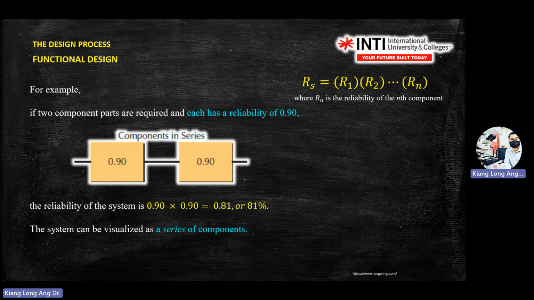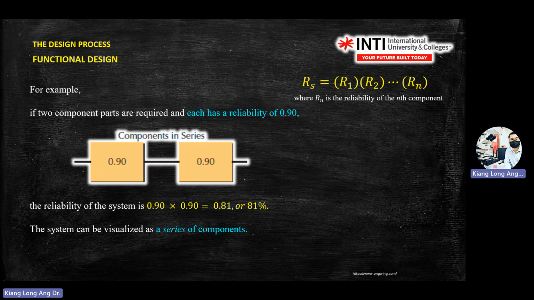In this case, you combine the parts side by side, connected one after another. Then the reliability of the system, if you use this equation, individual times individual, you get 0.81. 0.9 multiplied by 0.9 gives 0.81. What does 0.81 mean?